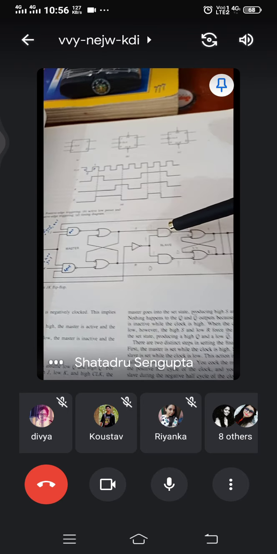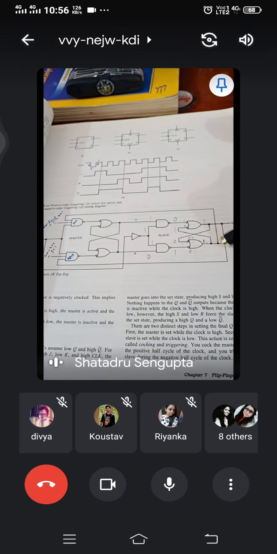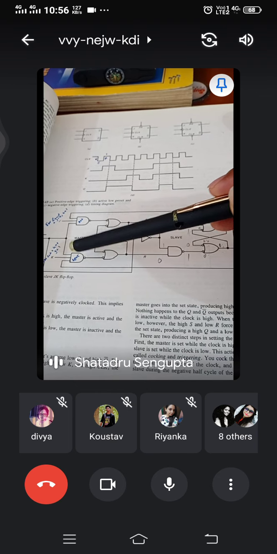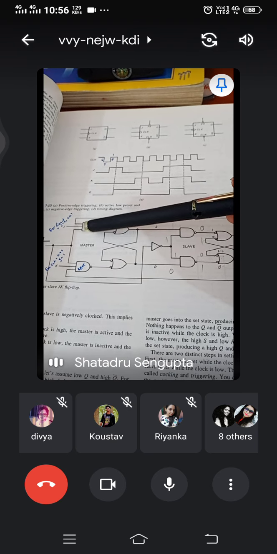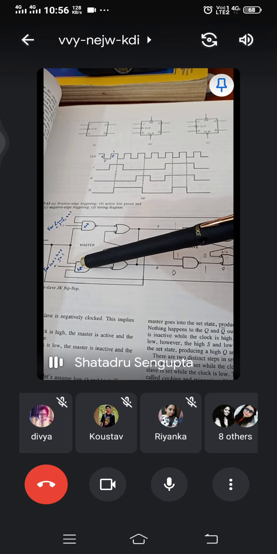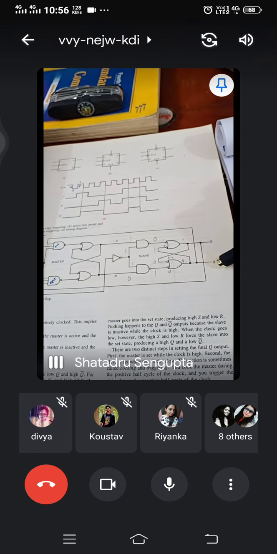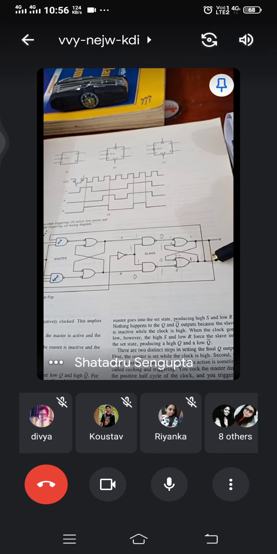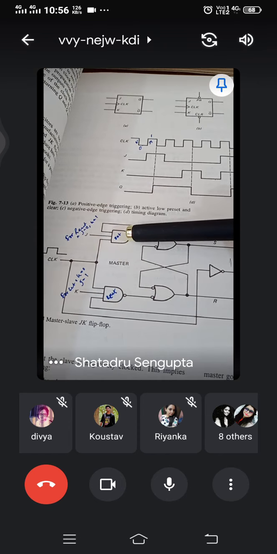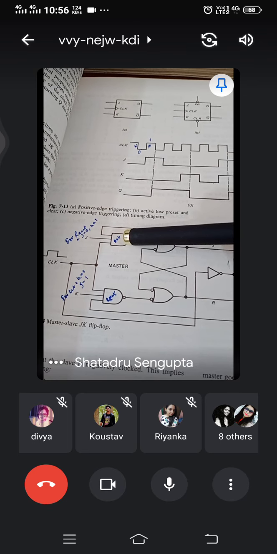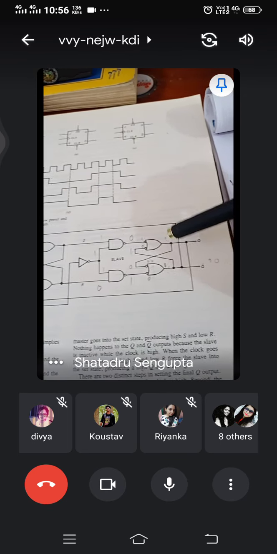From the ultimate output, the Q output goes into this for reset. Normally this is at the top, but here they have shown it as the one below. And then the Q bar feeds into the set gate here.